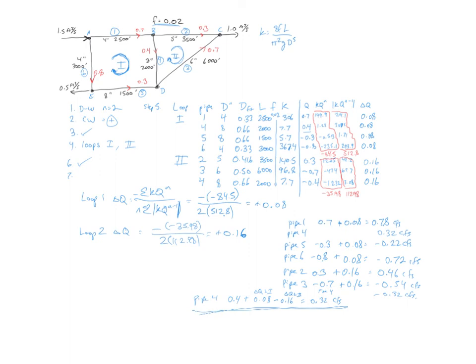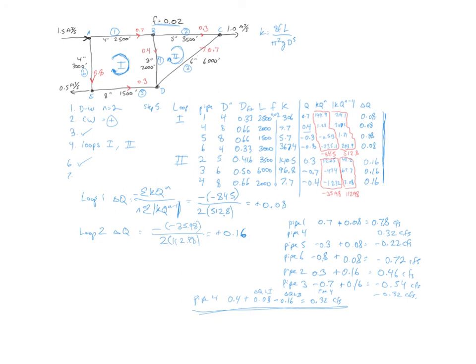But the way we're doing it, where we're just putting the negative sign already on the flow, all I have to do is apply the correction with the sign that is given to it, as I did, except in those pipes that are shared, in which case I'm going to use the sign on the correction if the assumed flow was in the same direction as my convention that's positive, clockwise in this case, and I'm going to subtract or put the opposite sign on it if the flow is against my convention, as it was in pipe 4, loop 2.